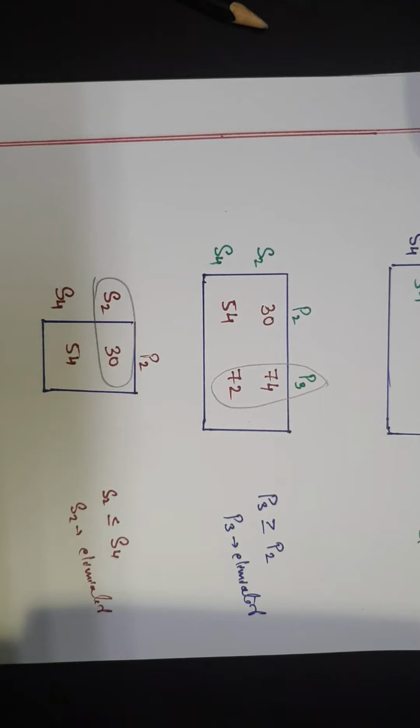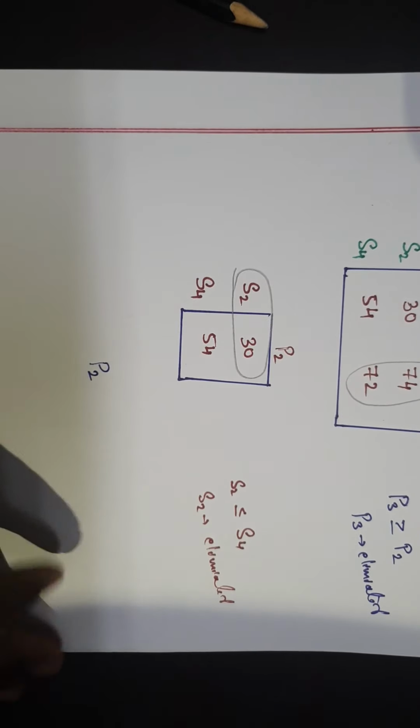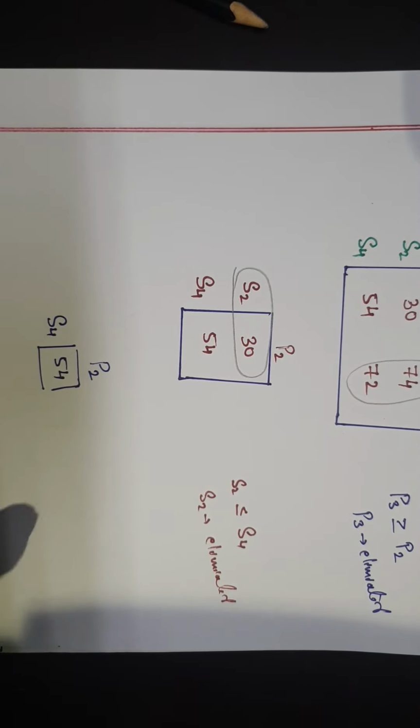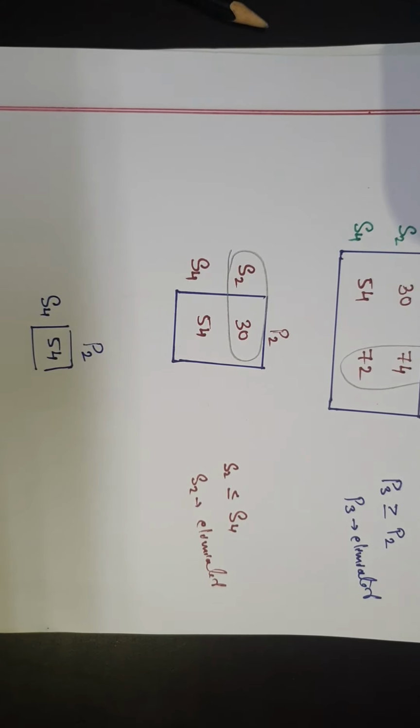Only P2 is there. In that single box, what is there? S4, and the value is 54. Like this you have to find the value.